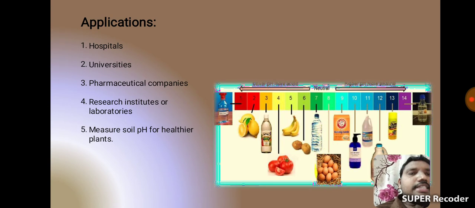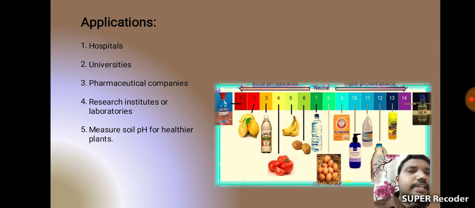Drinking water has a pH value of 7, that is neutral. Next, eggs have 7 point something, that is nearly 8. Egg pH value is nearly 8. Next, 9 is baking soda. Baking soda pH value is 9.